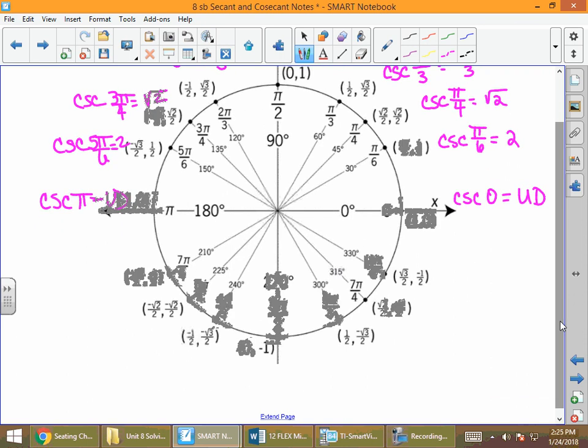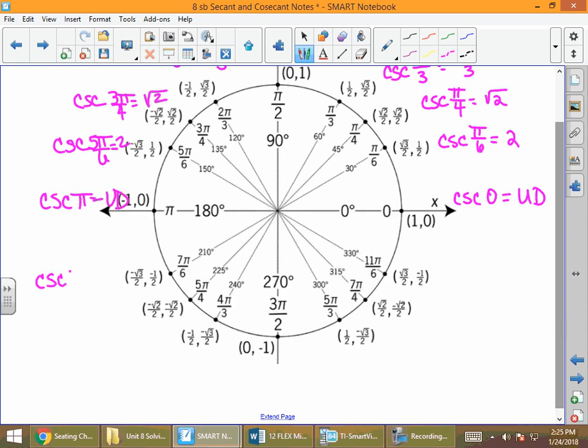As we get down here into the third quadrant, cosecant of 7 pi over 6. Notice that our values haven't been changing, and in fact they've all been positive so far. But now when we take the reciprocal of negative 1/2, we're going to get negative 2.